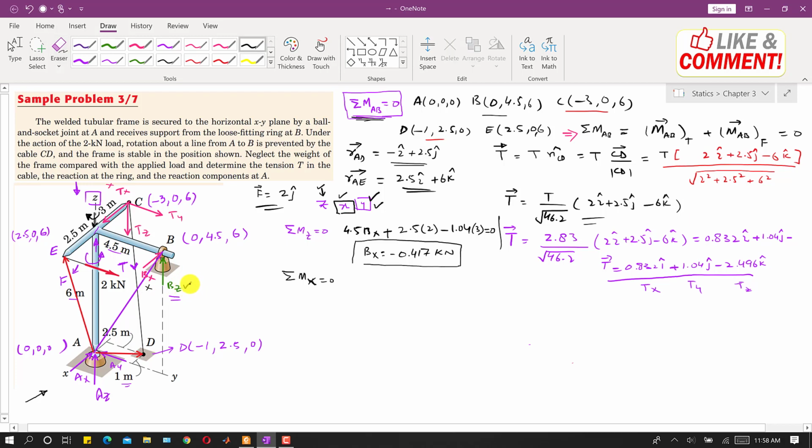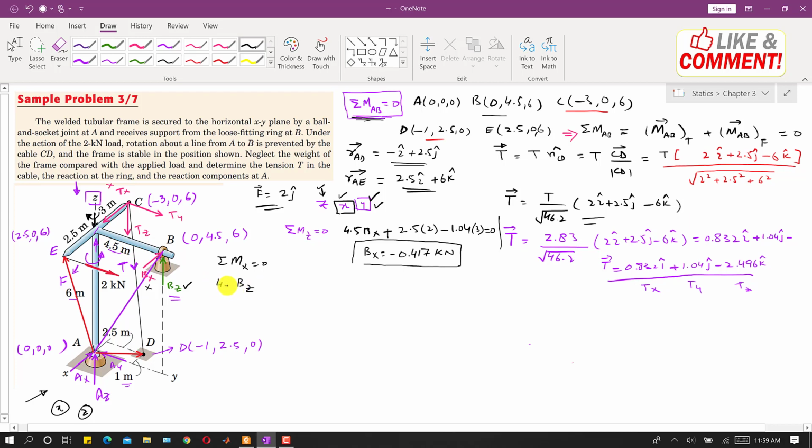Now this Bz will produce the moment about X. So this will be included in this equation, and we will be able to find this Bz. So let me write it here. This will be summation of moment along X equal to 0. So we will write Bz. Again we are inspecting the forces along the X direction. This Bz is along Z, so the perpendicular distance will be along Y. The perpendicular distance of this Bz from the X axis will be along Y. This distance is 4.5.